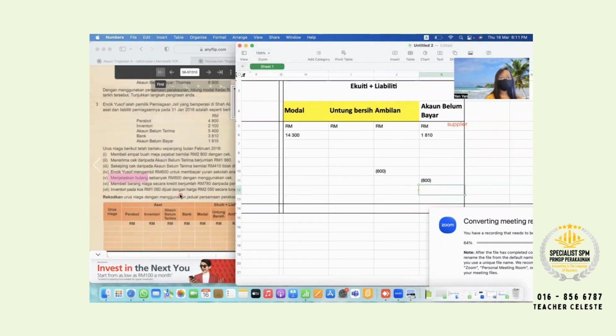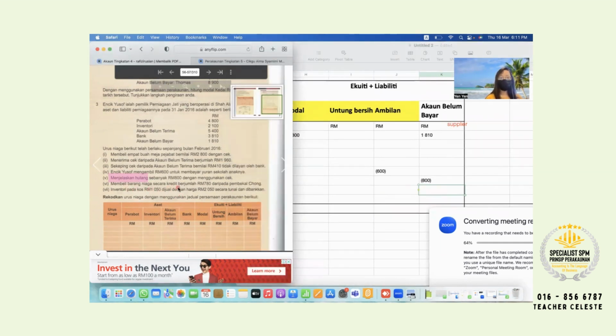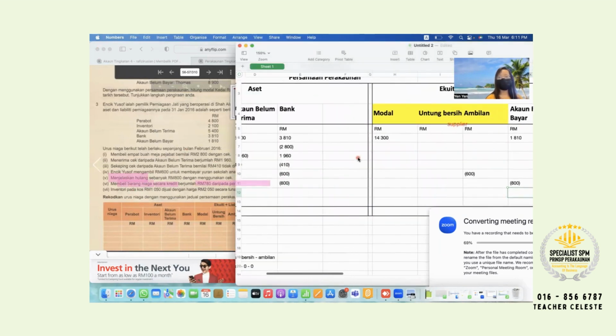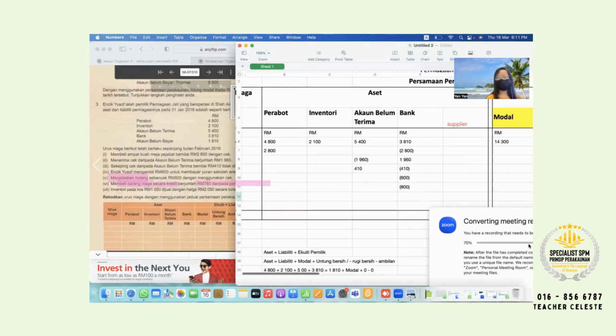Okay. Next, beli barang niaga secara kredit berjumlah 780 daripada pembekal Chong. So again, beli barang secara kredit 780 daripada pembekal Chong. So beli barang. Which column?